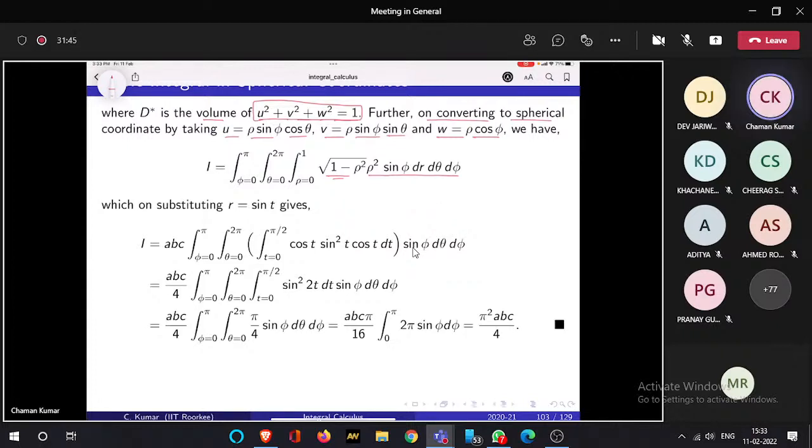This ray enters the region when rho is equal to 0, and it will exit the region when rho is equal to 1. Okay, so the limit of rho is identified.